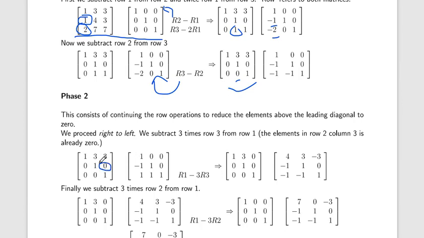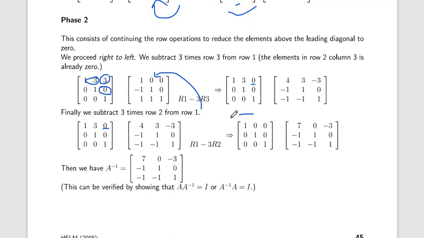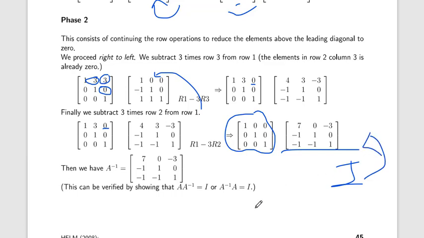This is also 0, so we will transform this 3 2 3 into 0, and apply the same operation to the identity matrix. Now we have the identity matrix on the left, and the same operations applied to the identity matrix make it the inverse of the matrix. So here we have the answer, the inverse of the matrix.